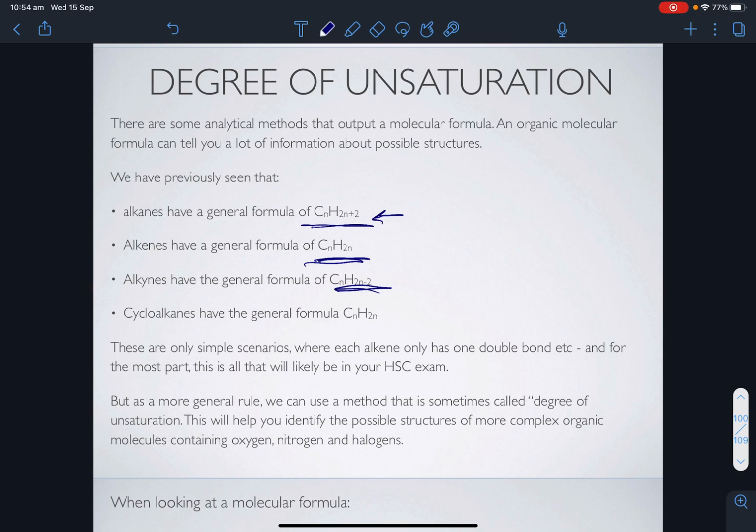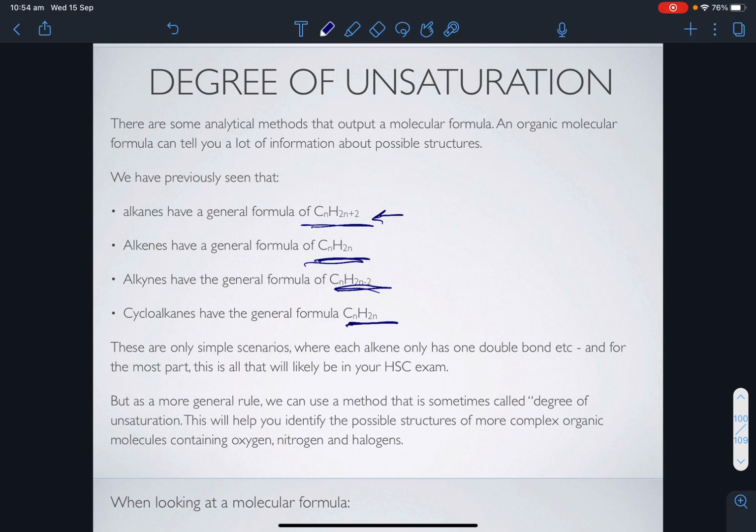So that's adding on 2 degrees of unsaturation. Cycloalkanes, remember, if you get a cycle in there, you're eliminating 2 possible places where a carbon-hydrogen bond could be, compared to the equivalent alkane. So it fits the same as the alkene.